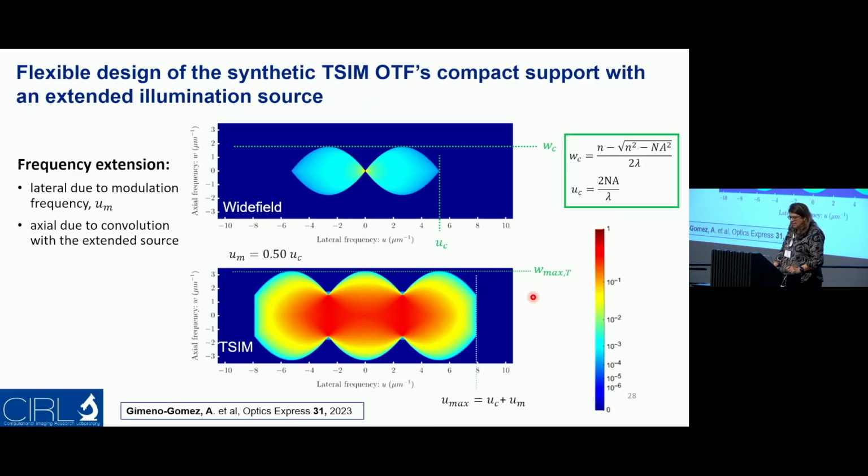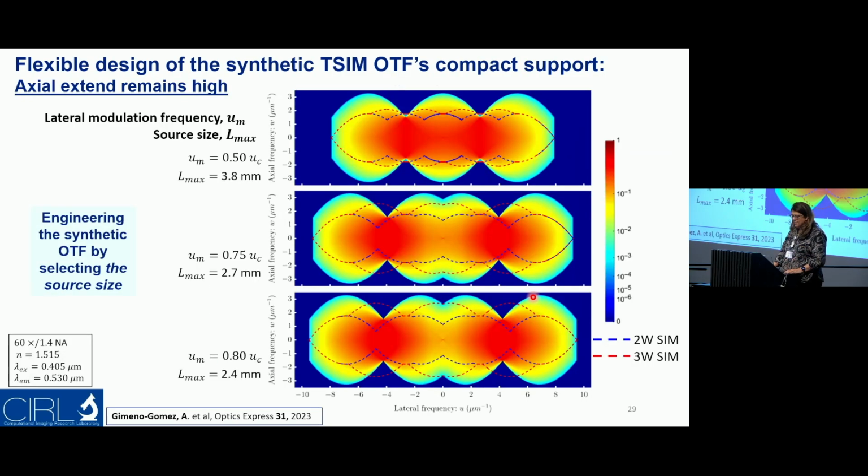So again, here you can engineer the optical transfer function by choosing the size of the source that you're using, the extended source, and by tuning the modulation frequency, so you can see the footprints of our OTFs.